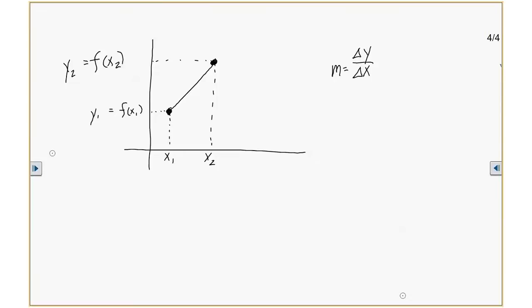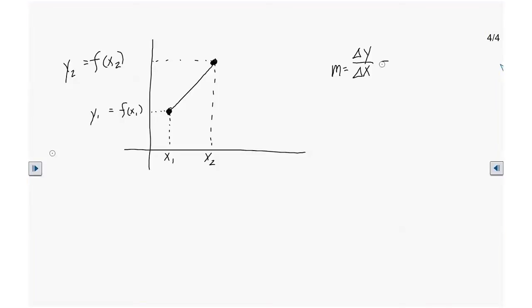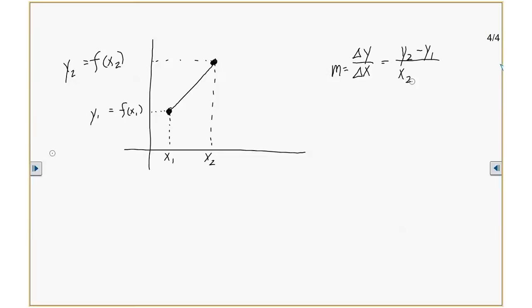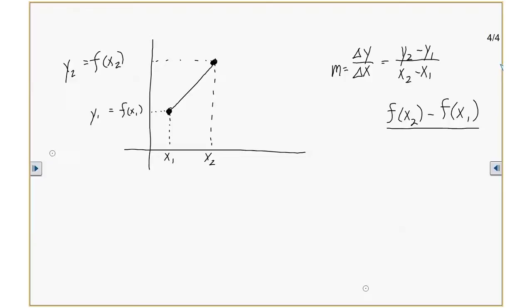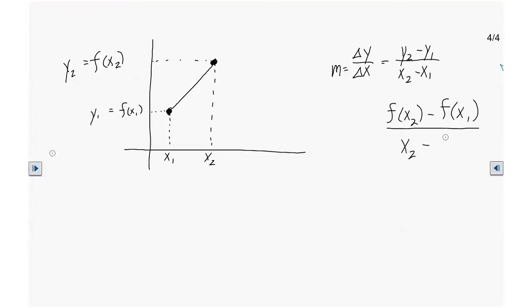X. And that's equal to y sub 2 minus y sub 1 over x sub 2 minus x sub 1. And in that case, y sub 2 is f of x sub 2, right? F of x sub 2 minus f of x sub 1, over x sub 2 minus x sub 1.